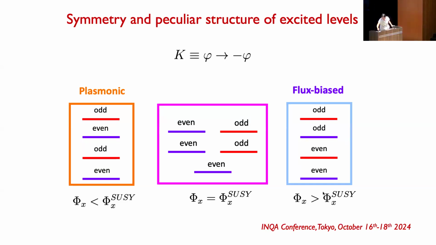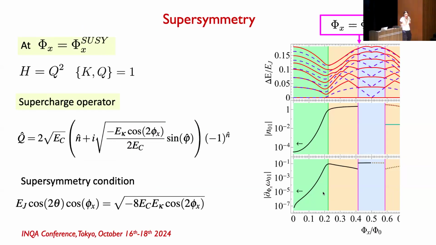This structure of the spectrum points at a special point. It's called supersymmetry, a special symmetry of the Hamiltonian, a special structure of the Hamiltonian, like the supersymmetry that you have in high energy. And what happens when you have supersymmetry? Your Hamiltonian can be written as the square of a supercharge operator Q, and it commutes with a convolution operator K. When these two conditions are satisfied, the spectrum has this structure: the ground state is non-degenerate, and all the other excited states are degenerate in pairs.